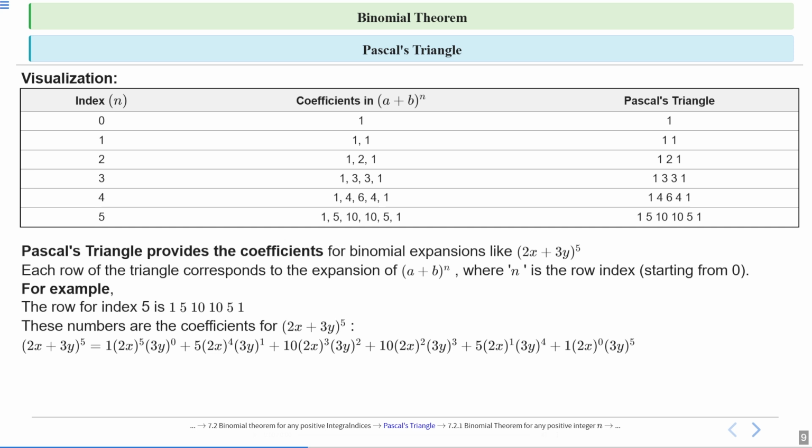So this is the binomial expansion of (2x plus 3y) to the power 5. And here Pascal's triangle helps us to write out the expansion using these coefficients. Okay, like this.